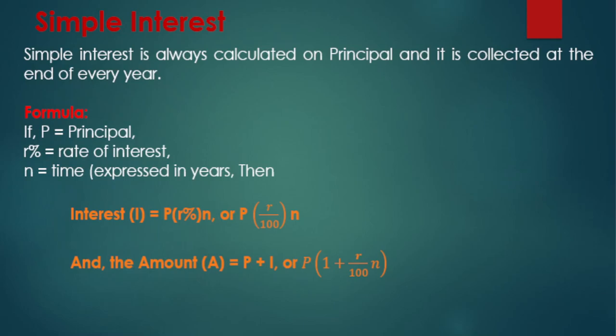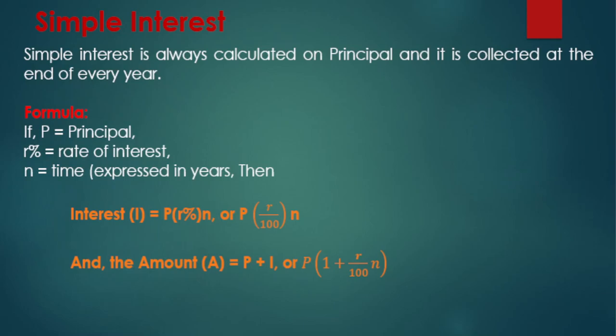And the total amount invested or collected is principal plus simple interest, or we can say P into 1 plus R upon 100 into N.